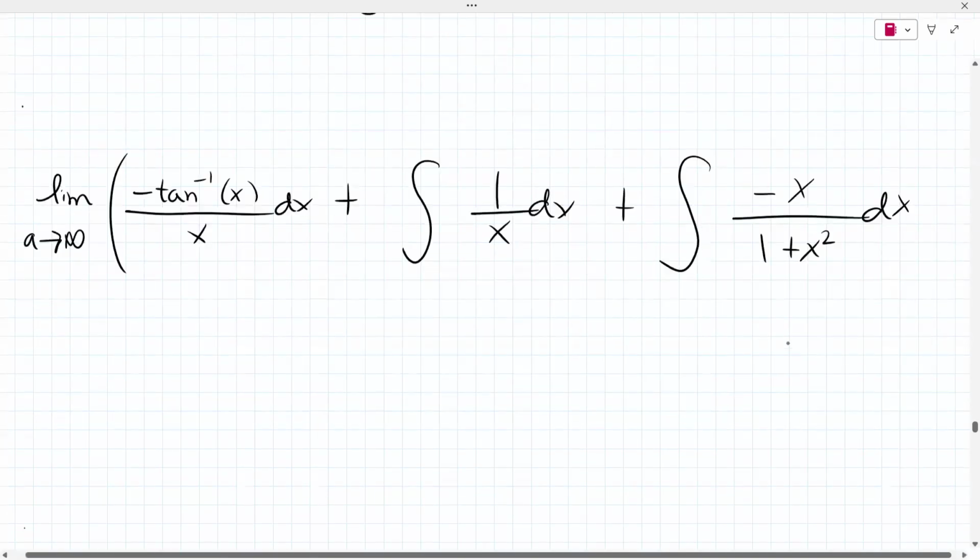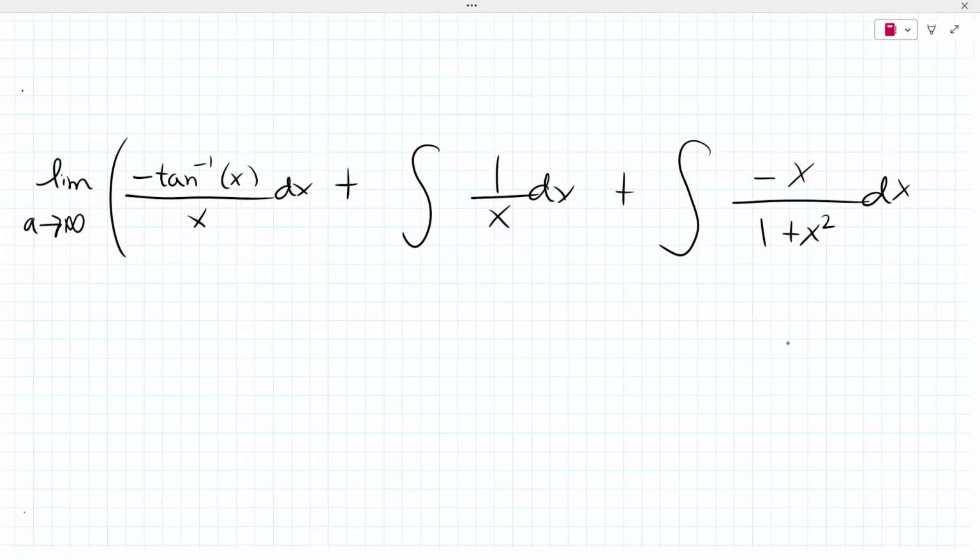Okay. But this one is easy. What's the integration of 1 over x? It is ln of absolute value of x, right? This one is okay. What's the integration of negative x over 1 plus x squared?